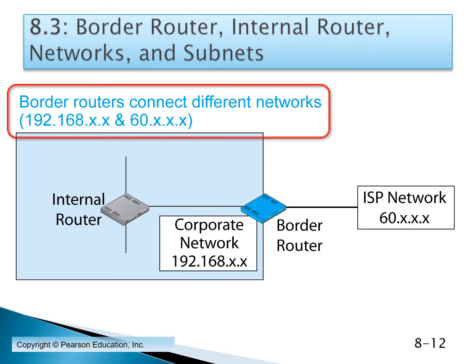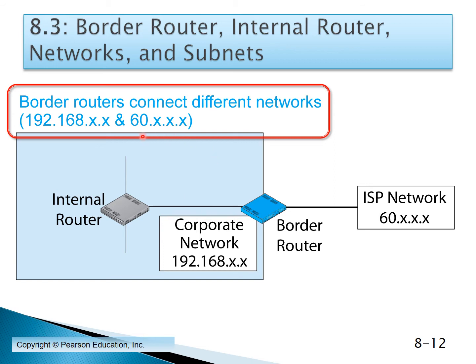Now let's talk about border routers, internal routers, networks, and subnets. So what do they do? Border routers connect different networks. That means it's a router that is connecting one network to the ISP, right? Or sometimes it's connected to other networks.